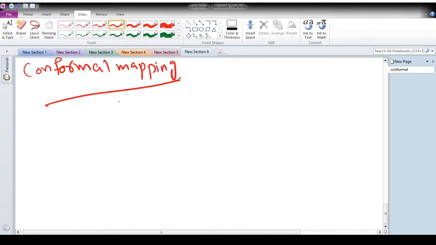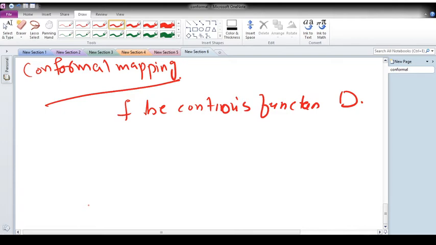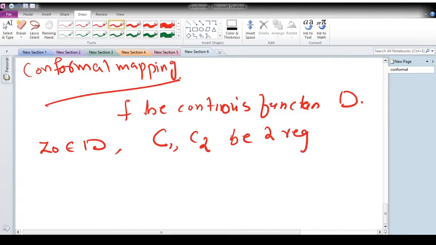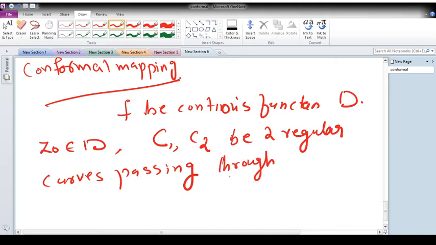Let f be a continuous function defined on D, and z0 is an element of D. Let C1, C2 be two regular curves passing through z0 lying in D. Let C1 dash, C2 dash be the images of C1 and C2.